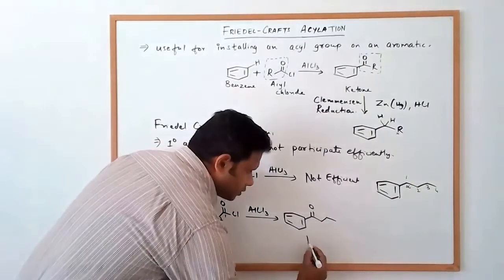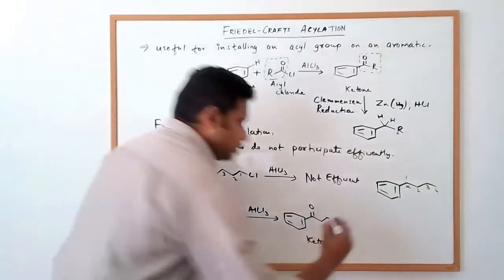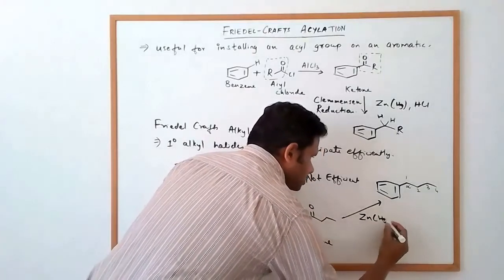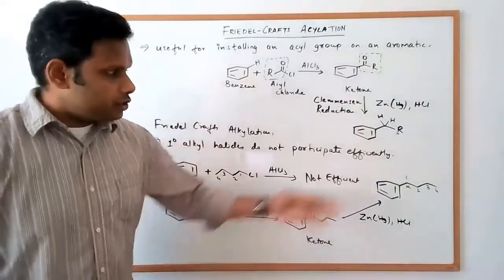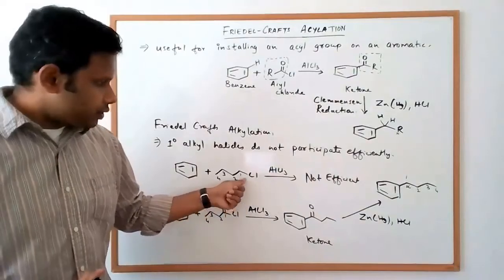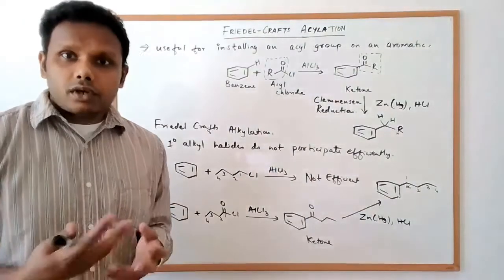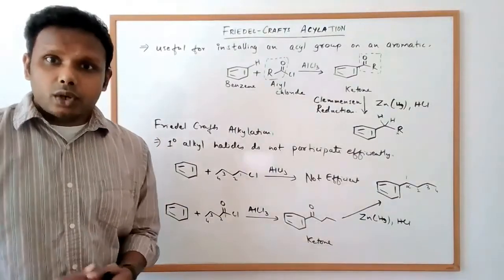So we get the ketone here. And once this ketone is made, we can do a Clemmensen reduction on it and convert it into the alkylated compound. In the first example, it wouldn't work because the primary alkyl halide would not be able to generate the carbocation efficiently, because primary carbocations are not that stable.